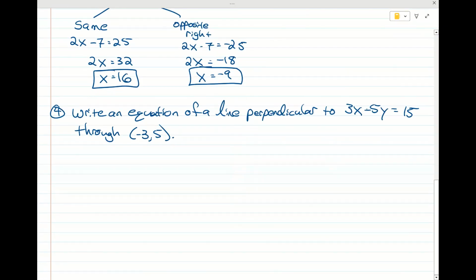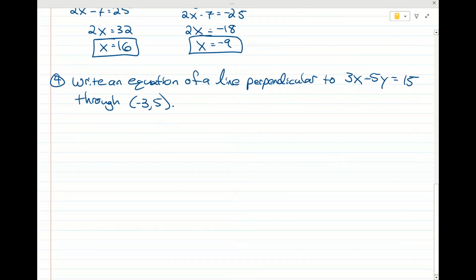So we do have a couple different ways we could do this. We could use slope-intercept form, which is the most popular, or we could use point-slope. However we do it, first thing we need to do is to get the slope.